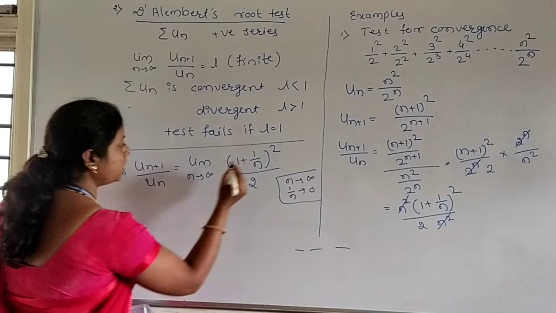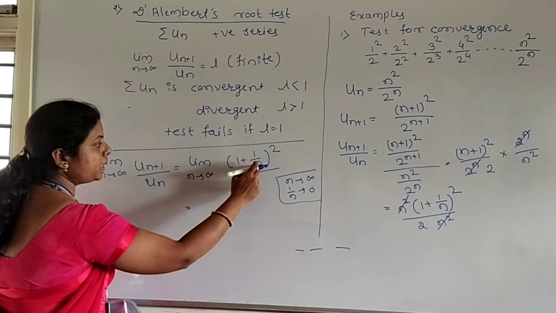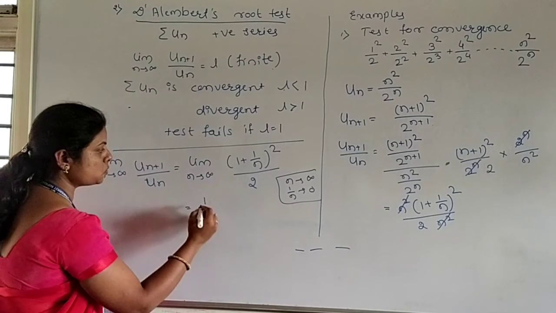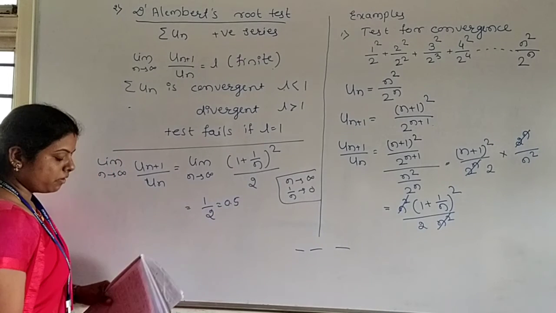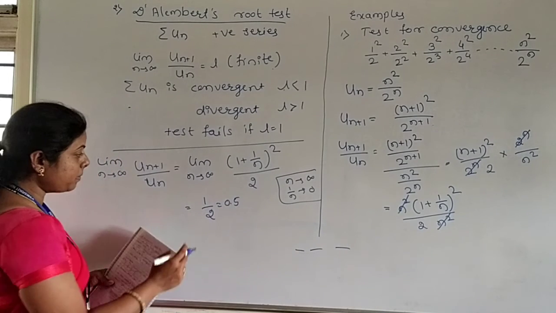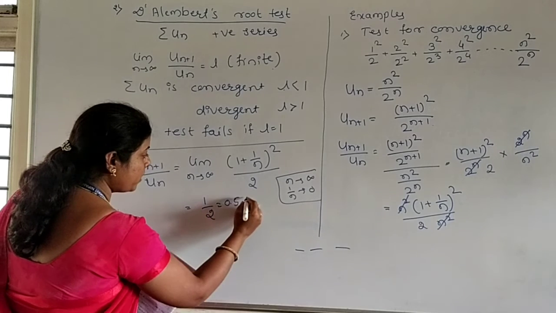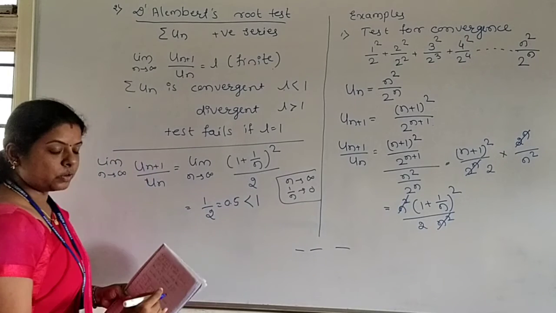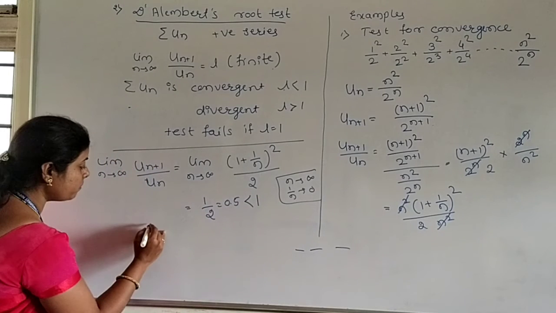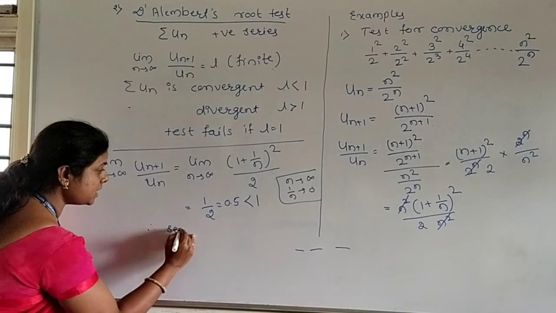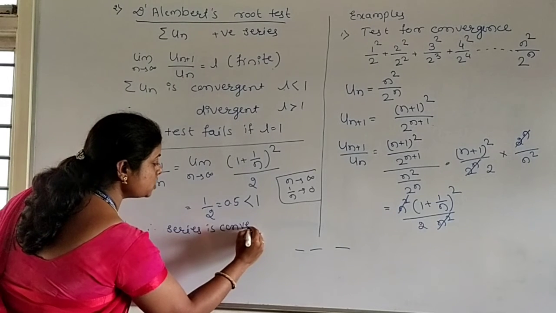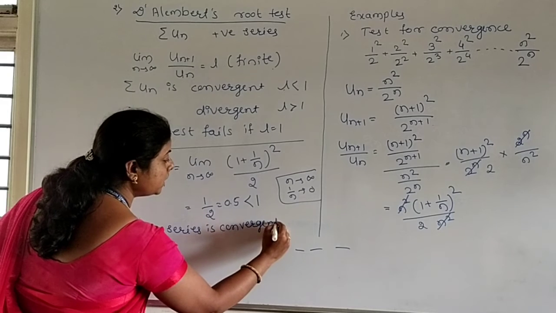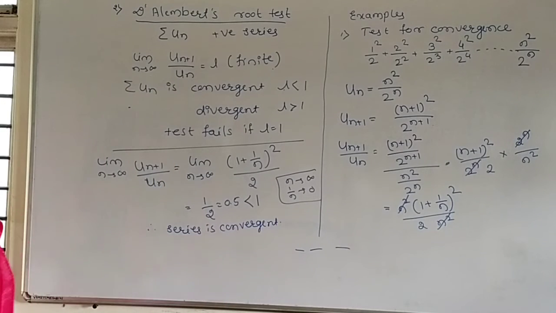For that condition, 1 by n is 0, 1 square is 1, divided by 2, that is 0.5. 1 by 2 equal to 0.5 is less than 1. If it is less than 1, therefore the series is convergent. Like this you have to write in D'Alembert's test.